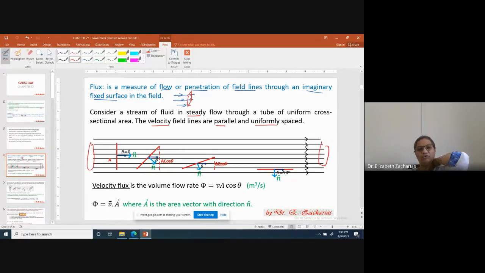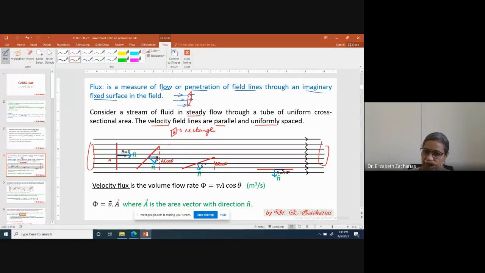Now let us take that kind of velocity field, and take a wire and bend it so that you get a rectangle. Bend a wire, make the two ends meet, and what you get should be a rectangular loop, and let A be the area enclosed by this wire.